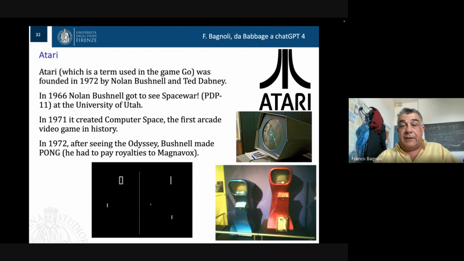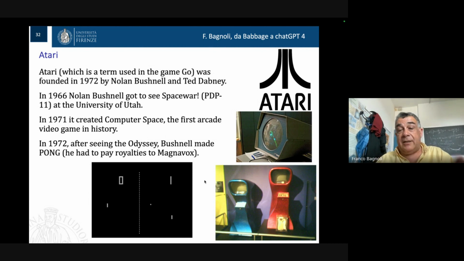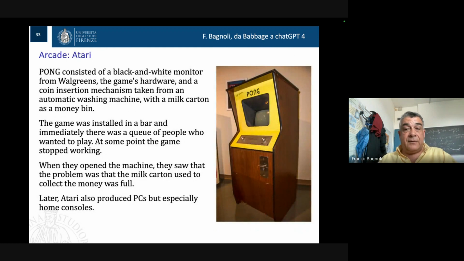All of this used a screen, essentially a television screen, and the games were quite primitive, like a kind of Pong game or a tennis game.